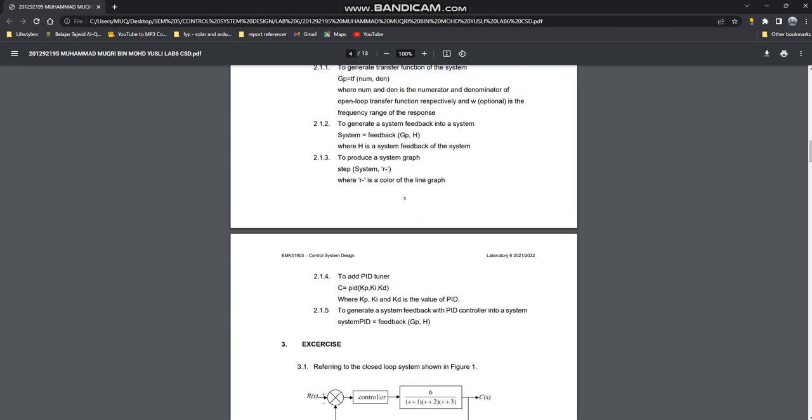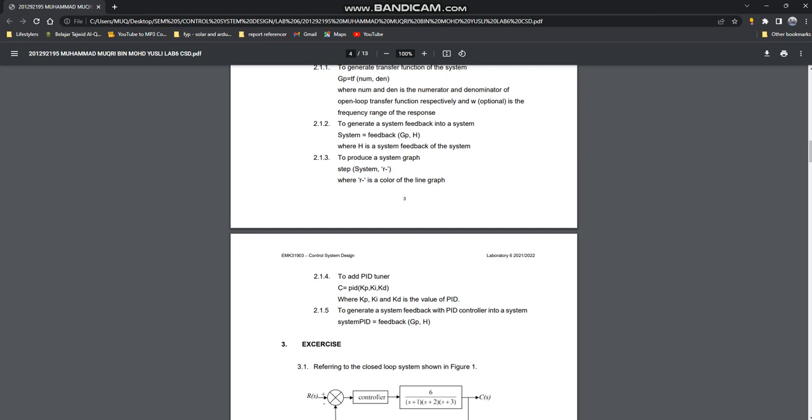The fourth one is, if we want to add PID, this is the command: C is equal to pid(KP, KI, KD), where KP, KI and KD are the values of the PID respectively.